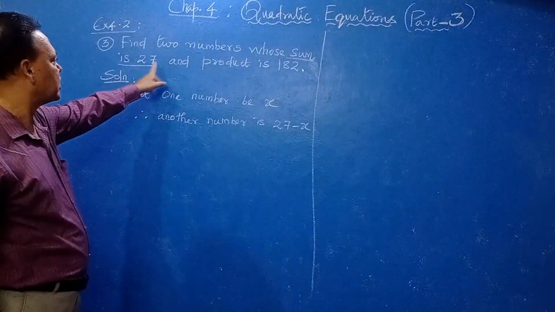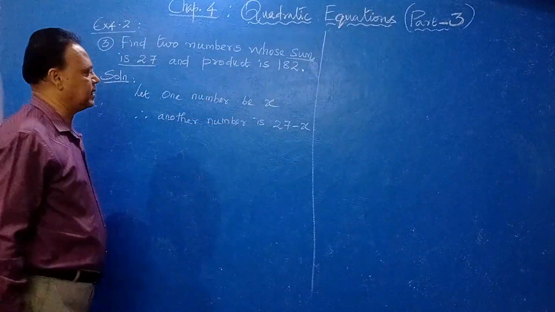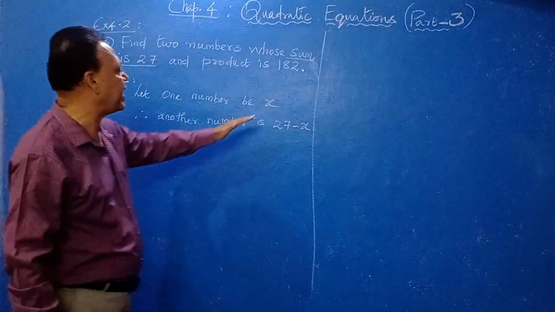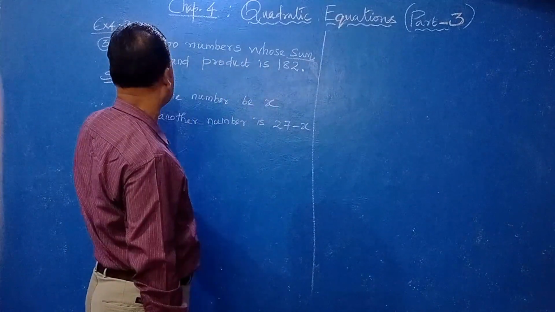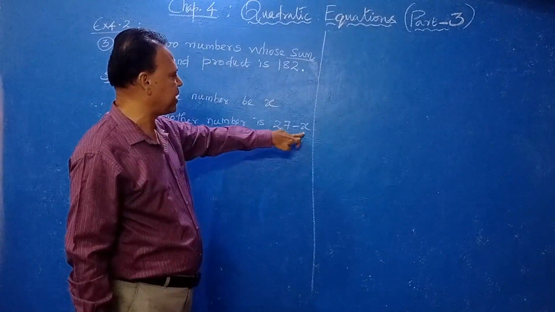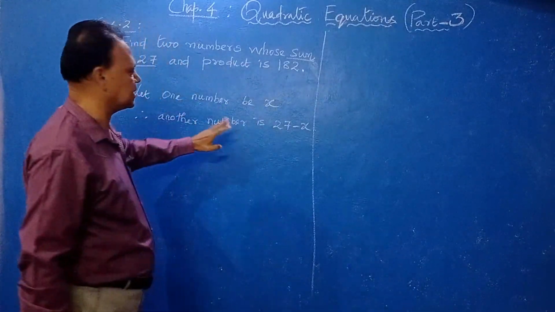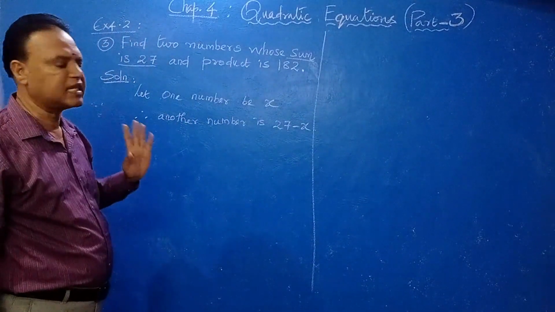From 27 you subtract this one number, and you will get the other number. Both you add, the sum you will get 27. x plus 27 minus x, the x minus x cancel, so again 27 you will get. That is the condition given.